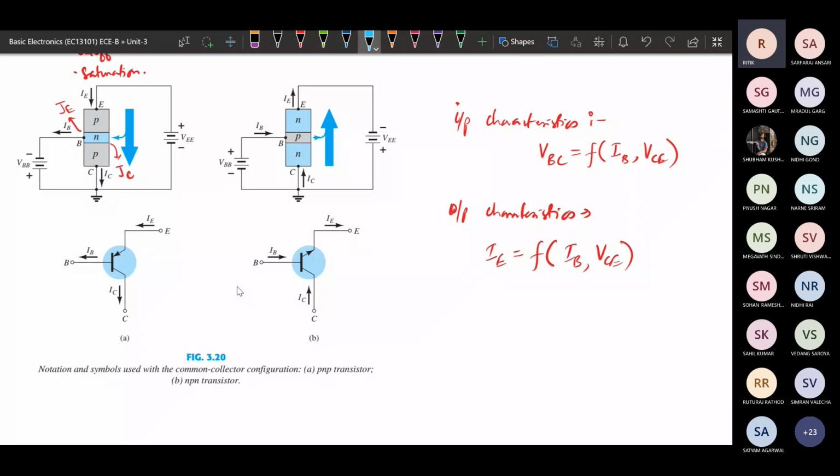Here we will be plotting the IB curve versus VBC for fixed VCE. Okay, in this output characteristics we will be plotting IE versus VCE plot for fixed IB. Okay, so these two curves we basically need in case of common collector.